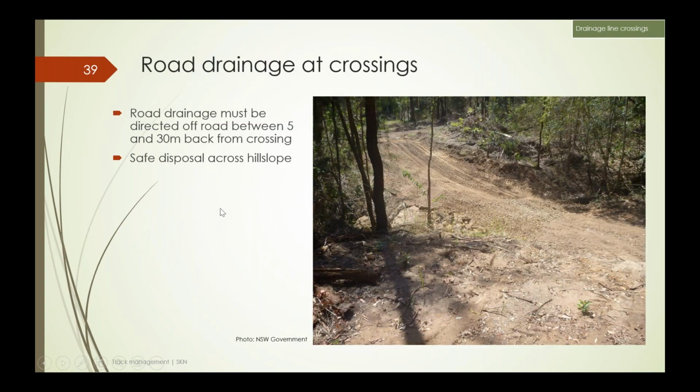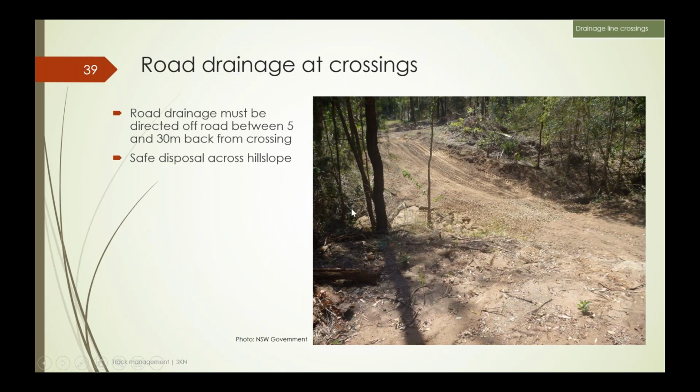Road drainage at crossings is a crucial part of the Code of Practice and is crucial to prevent sediment getting into watercourses. The basic requirement is that runoff water is taken off the road surface somewhere between 5 and 30 metres from the crossing and is disposed of safely onto the hill slope.